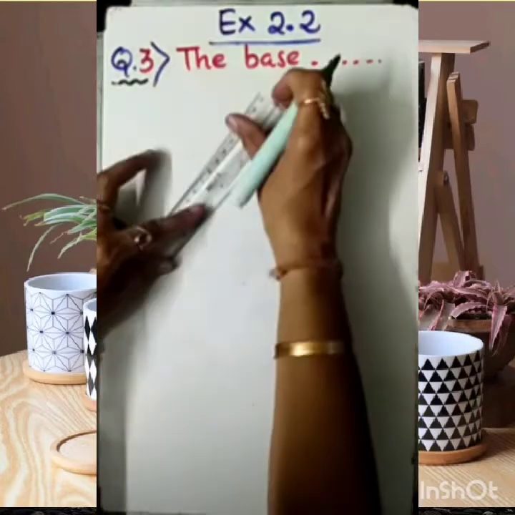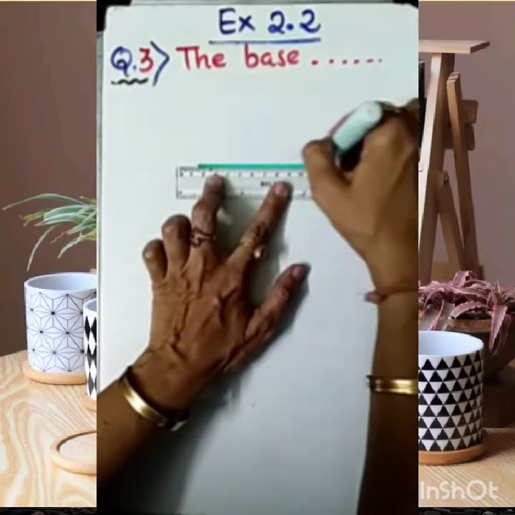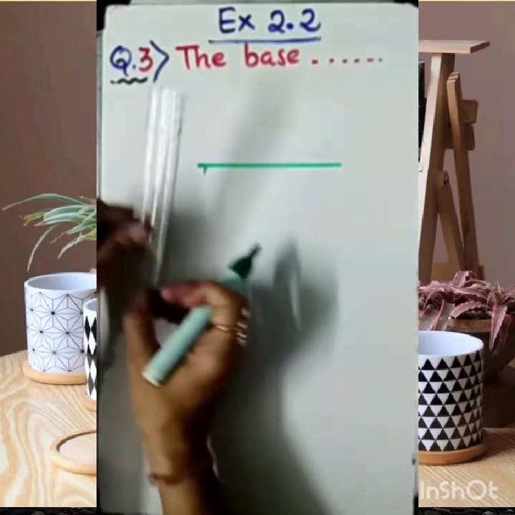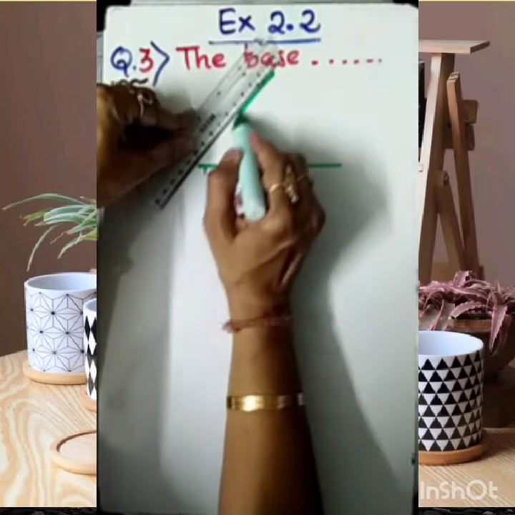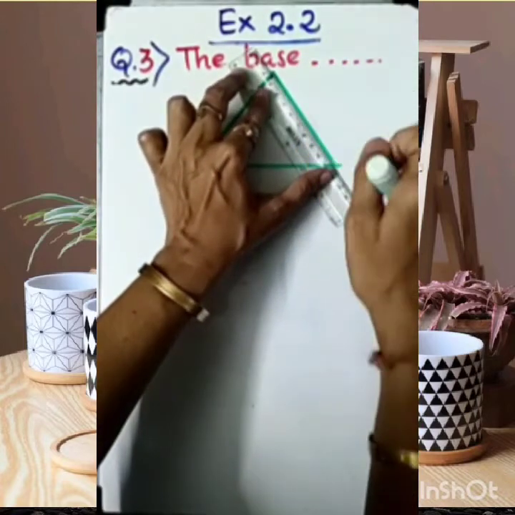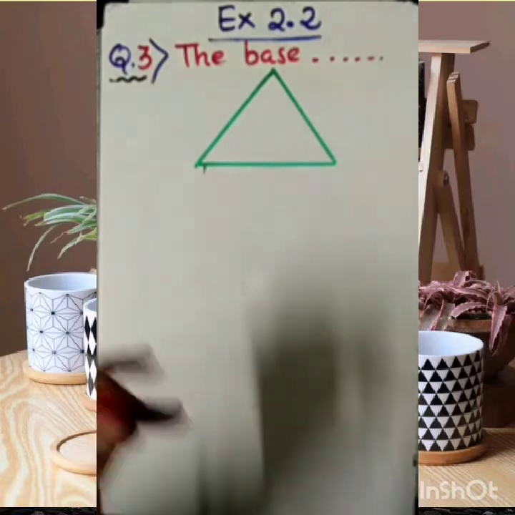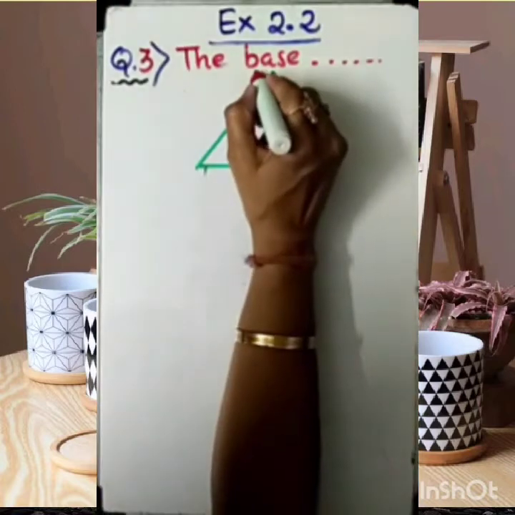First of all, before we begin the solution, I request you to draw this figure for better understanding. Let's draw one isosceles triangle. All of you are well aware of the word isosceles. Isosceles indicates two sides are equal. Suppose I have this isosceles triangle.